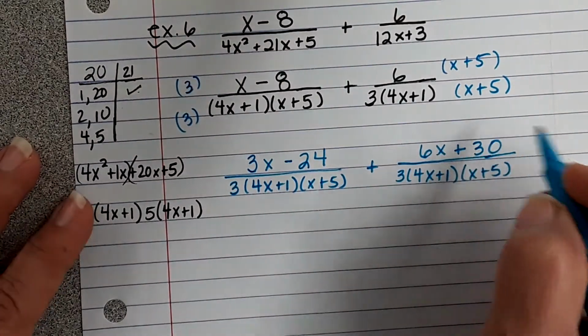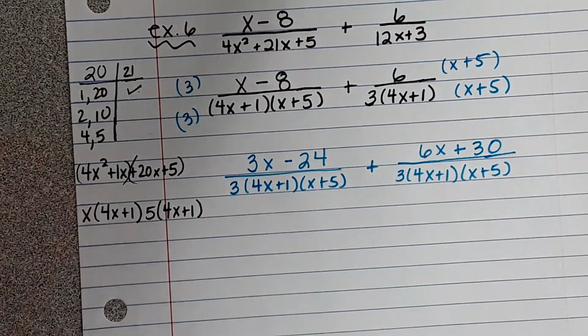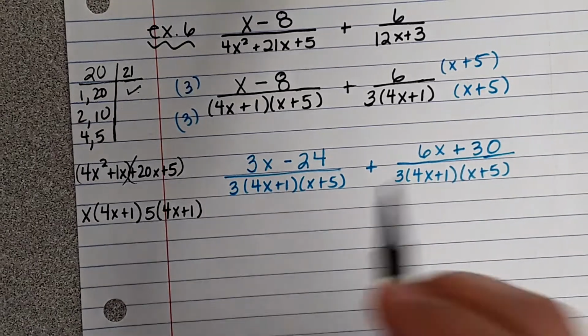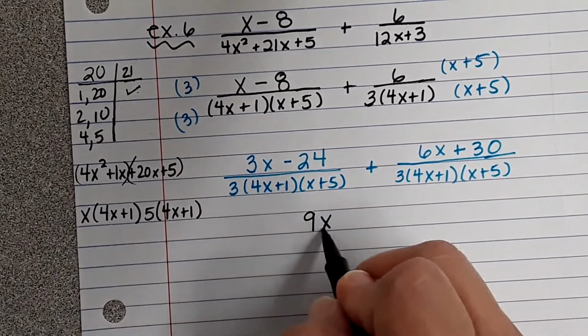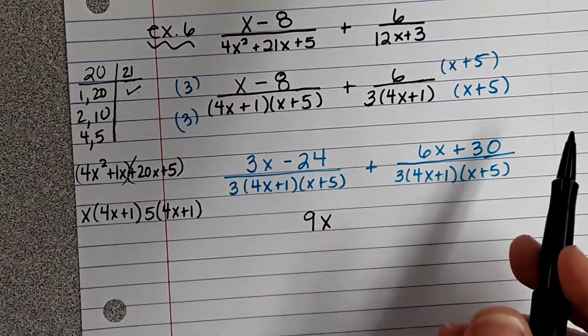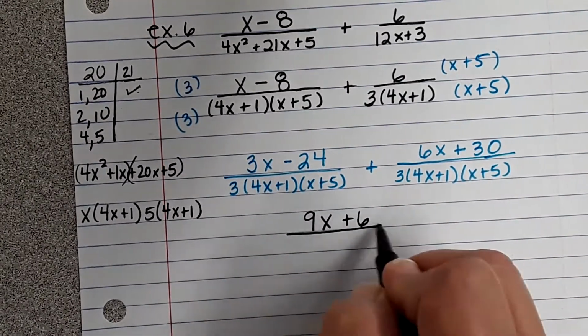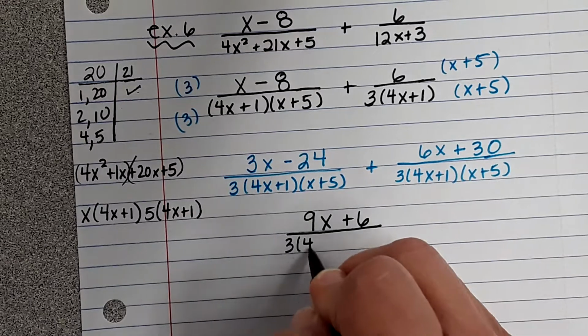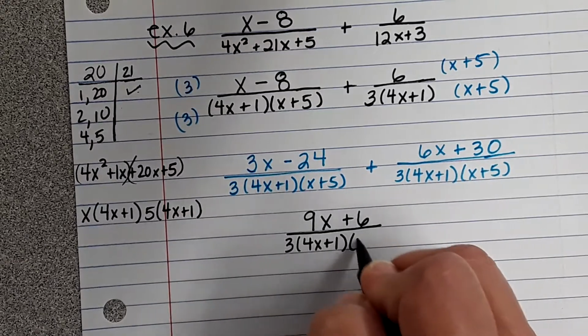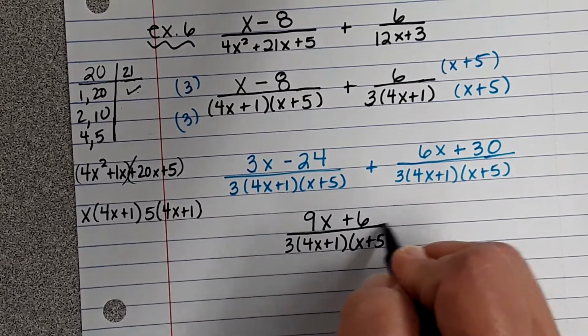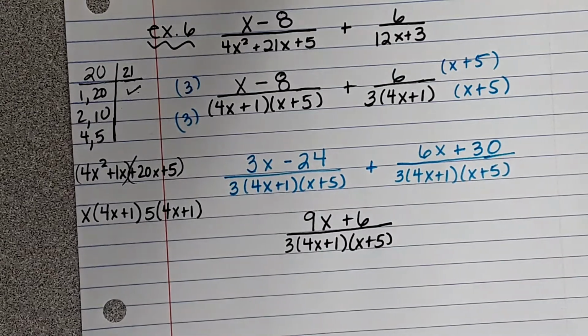Now let's combine like terms. What is it? 9x. Okay. And then negative 24 plus 30 is? Now, up until this example, we could not reduce anything, because like in example 5, x plus 7, that's what you were left with.